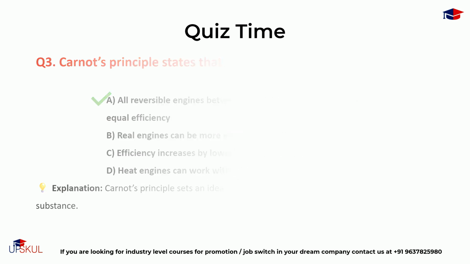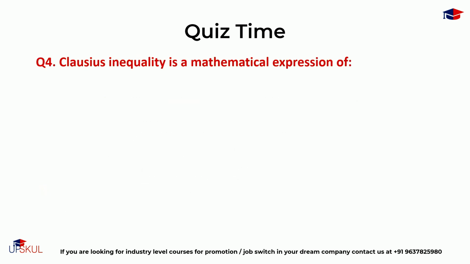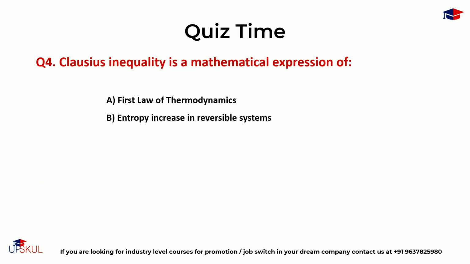Next question. Clausius inequality is a mathematical expression of A. First law of thermodynamics, B. Entropy increase in reversible systems, C. Second law of thermodynamics, and D. Conservation of energy.